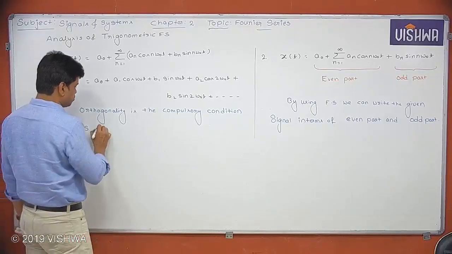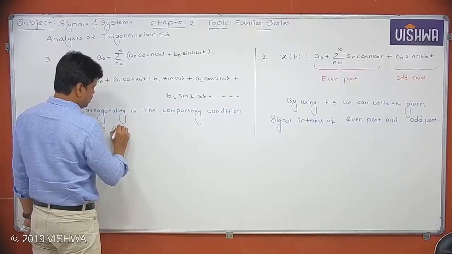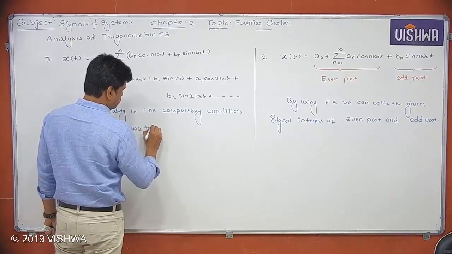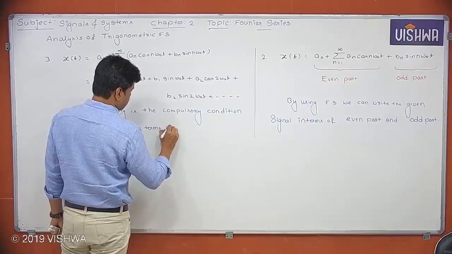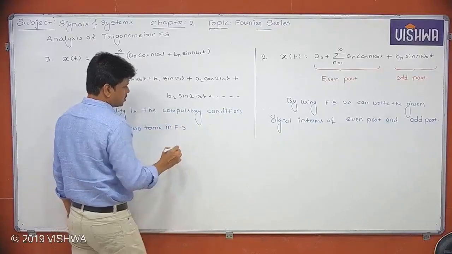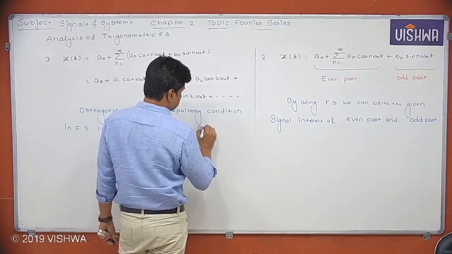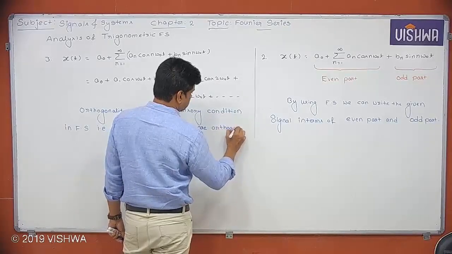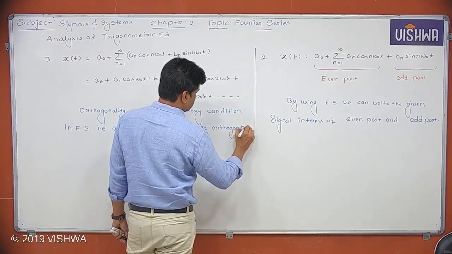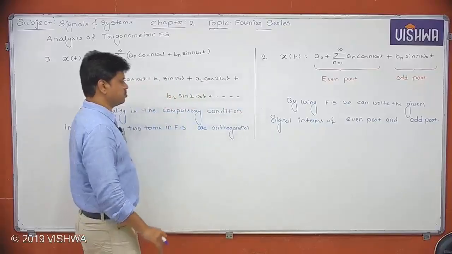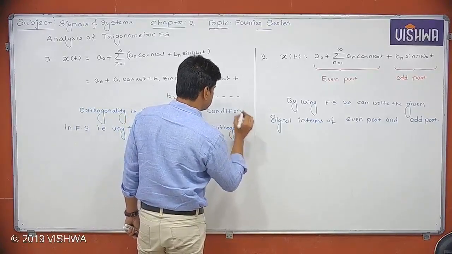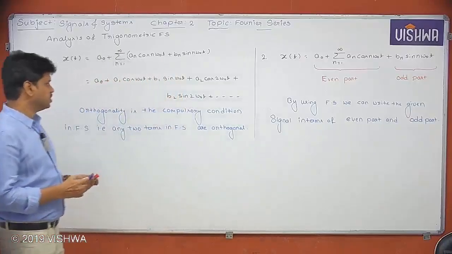That is, any two terms in Fourier series are orthogonal.